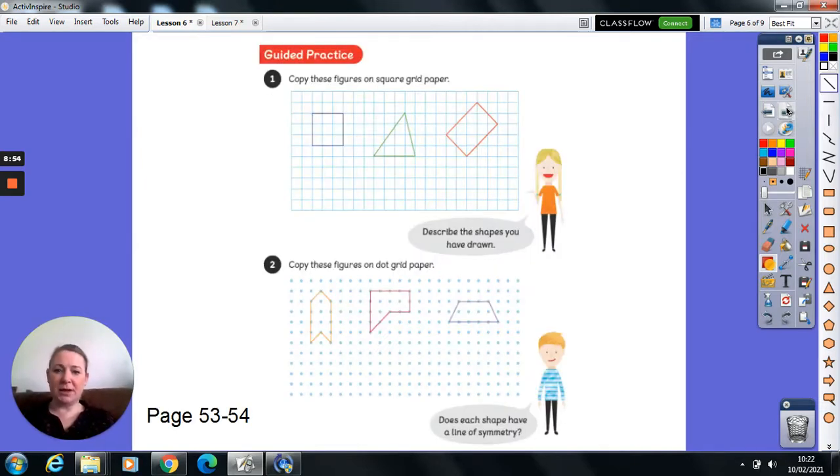Okay, so for your guided practice today, you are going to copy the figures onto square grid paper. So here's a square, that's nice and straightforward. Now they've actually used the square paper to draw a triangle here, but it's the same skill. Use the counting to see where you would need to do it. So 0, 1, 2, 3, 4.